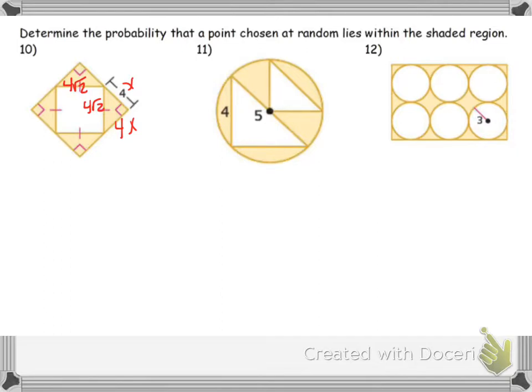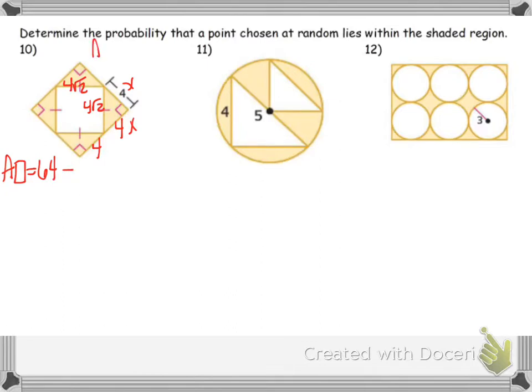And so if you want to get the area of just the shaded part, this is an 8 by 8 square here. So if I did the area of the big square, which would be 64, then I need to subtract out the area of the small square.